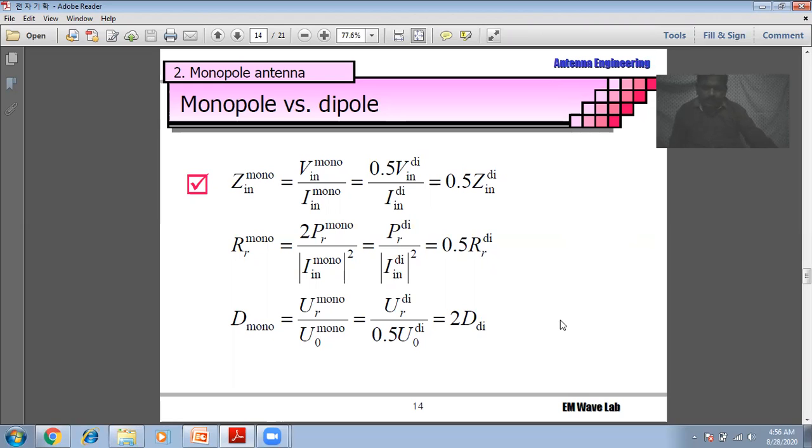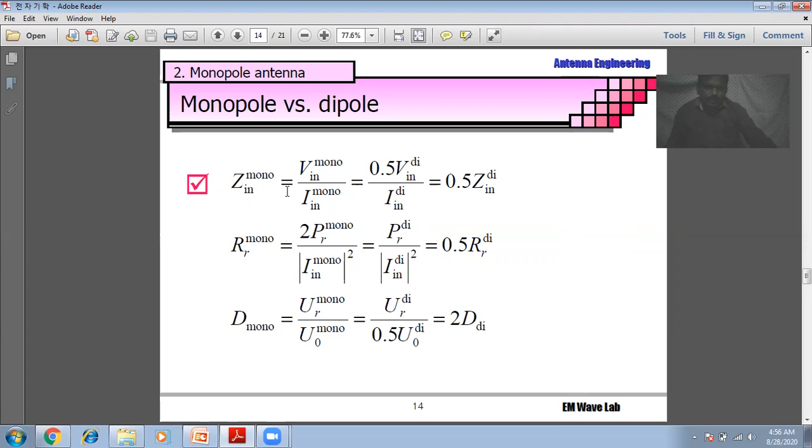If the half power beam width is becoming half, automatically the directivity is doubled. In the previous class we have seen that directivity and beam width are inversely proportional. So if beam width becomes half, directivity is doubled. In this way, the directivity of the monopole antenna becomes double that of the dipole antenna. DA stands for dipole.